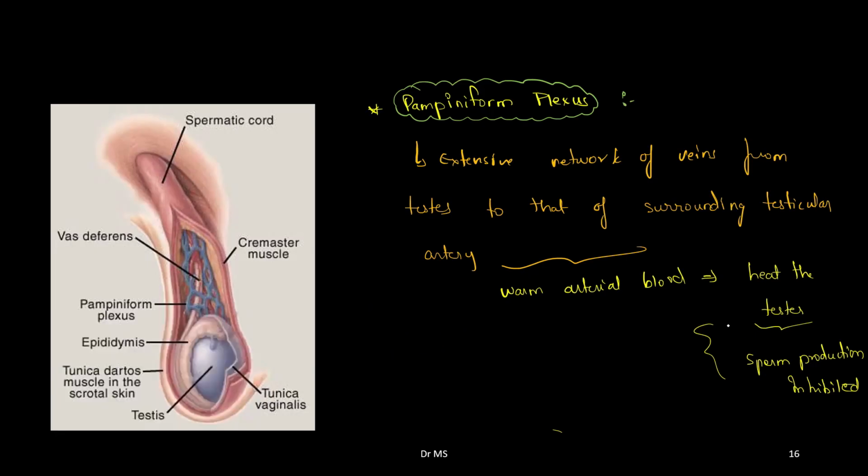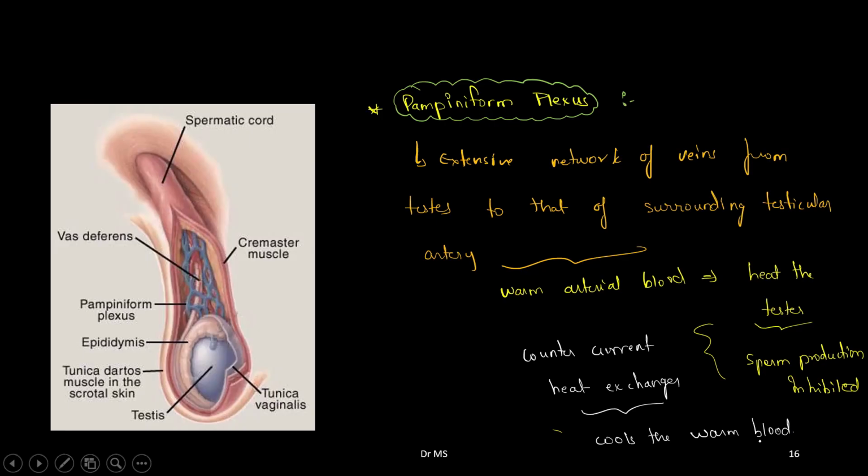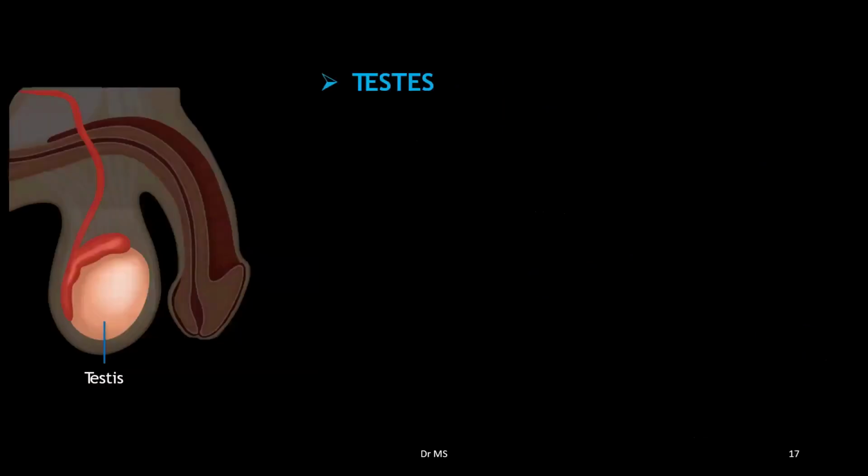The warm blood coming down cools because of this counter current heat exchange. Is that clear? Yes, sir. So that's about the pampiniform plexus. By these three methods, the testis temperature will be reduced.